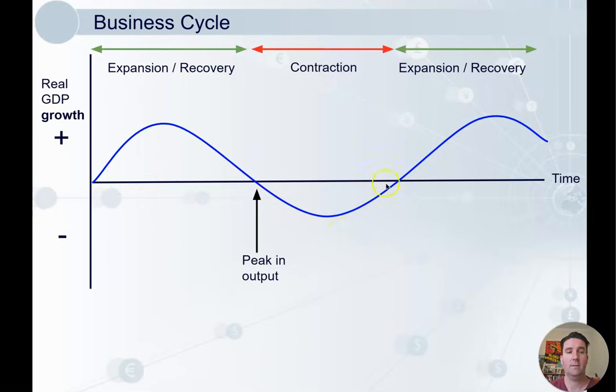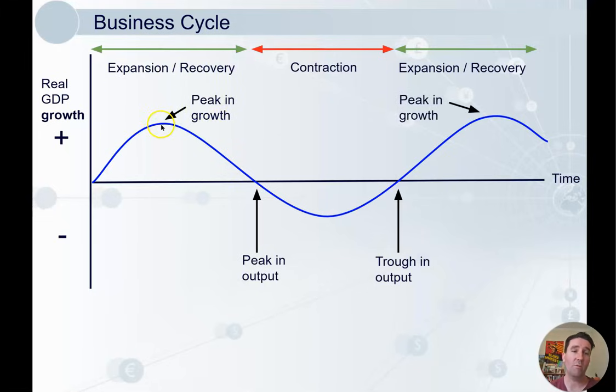So under there, where it's negative, that's obviously a contraction. And again, the trough in actual real GDP is here, because that's the lowest point, because it's shrinking until this point. So it's going to be the lowest point, and then it starts growing again.